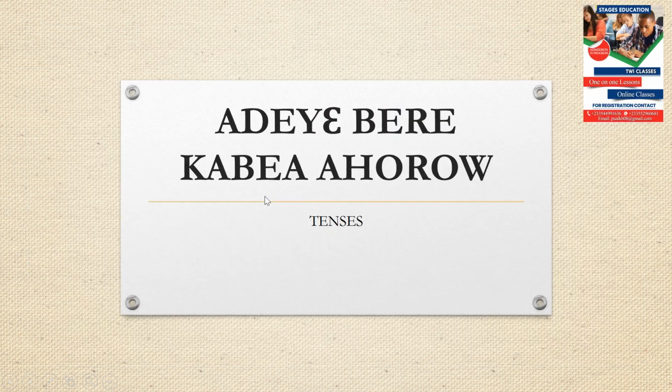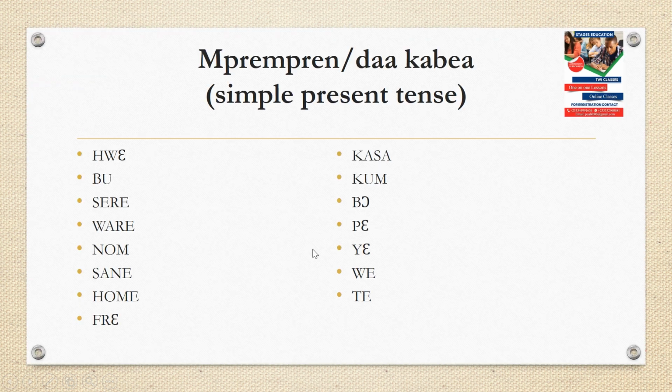So we said the adeye is verb, bre is the time, then kabea is where and when we use it, then ahoro is literally translated as different or types. So this whole phrase, the English translation is tenses. And we said that impɛmpɛn is present tense, or we can say seisei kabea, where impɛmpɛn means current.